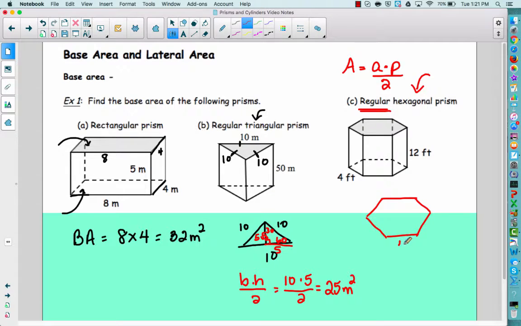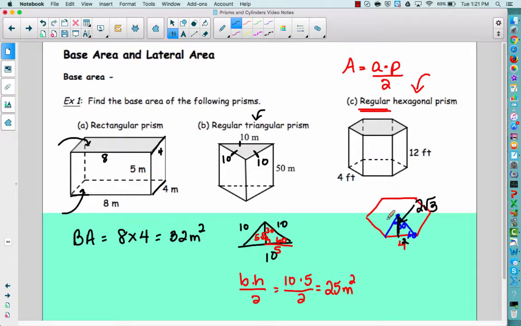I know that this length is 4 because each of the side lengths is 4. When I put in my center and I drop an altitude, remember that in a hexagon, all of the central angles are 60 degrees. So that whole central angle is 60, so it makes this little piece 30. And that's 60. So that 4 gets cut in half. So it's 2 right here. And so the apothem would be 2 root 3.